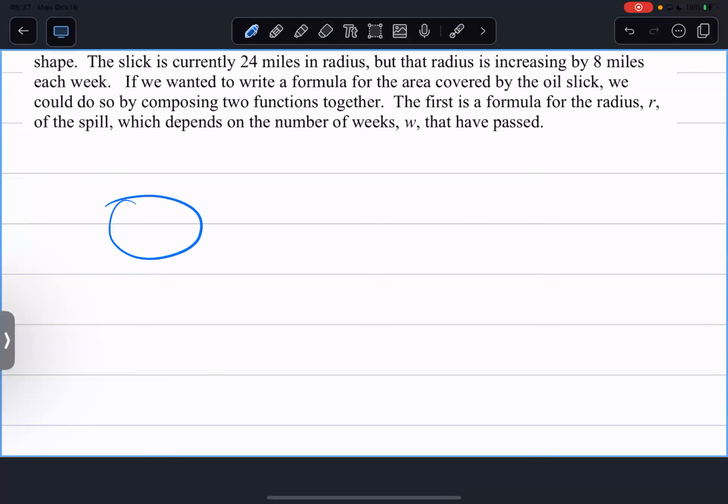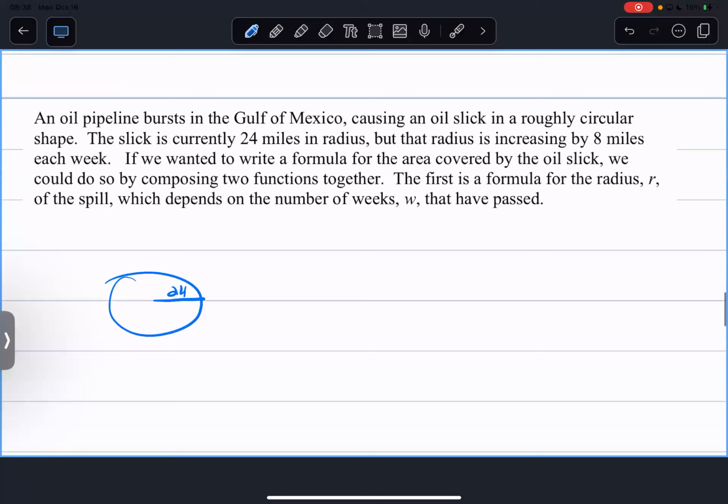Well, it's always helpful to kind of draw a graph. So we're given this initial oil slick with a radius of 24 miles, right? And then we're told that the radius is increasing by, whoa, that's a terrible circle. Not much better. Increasing by 8 every week.